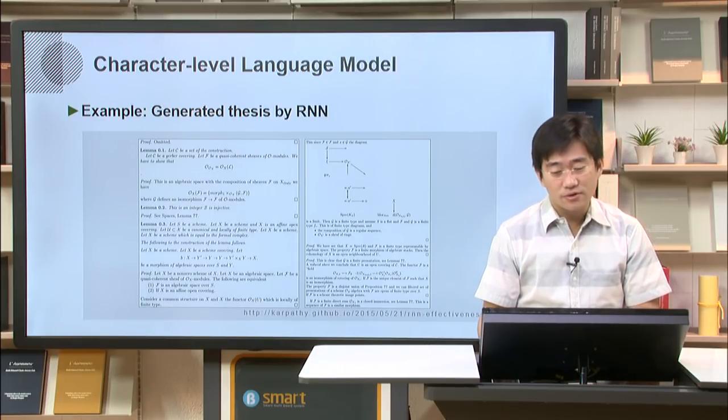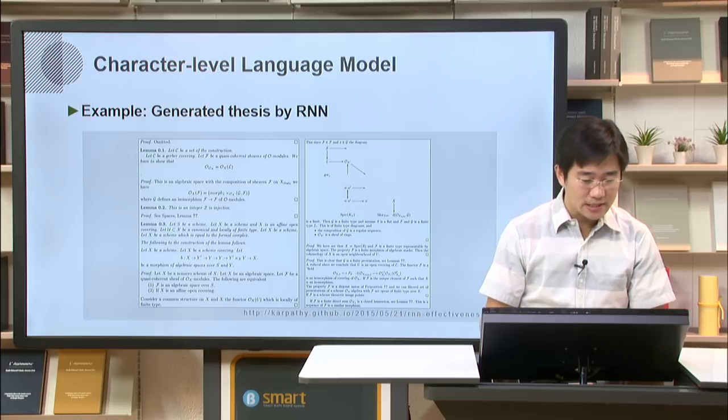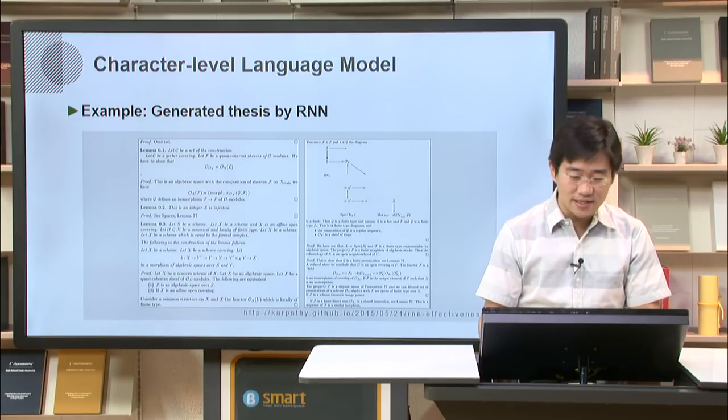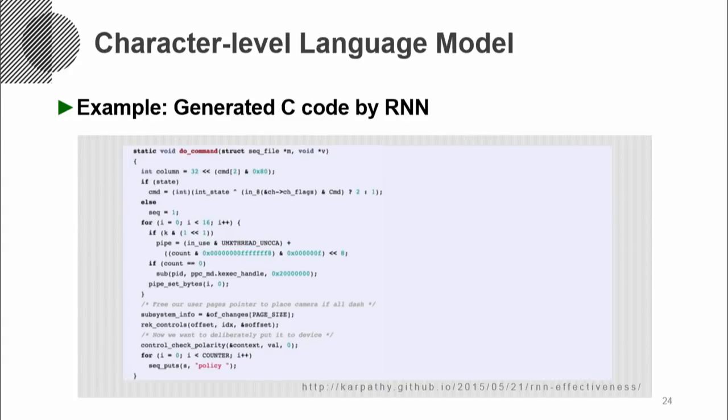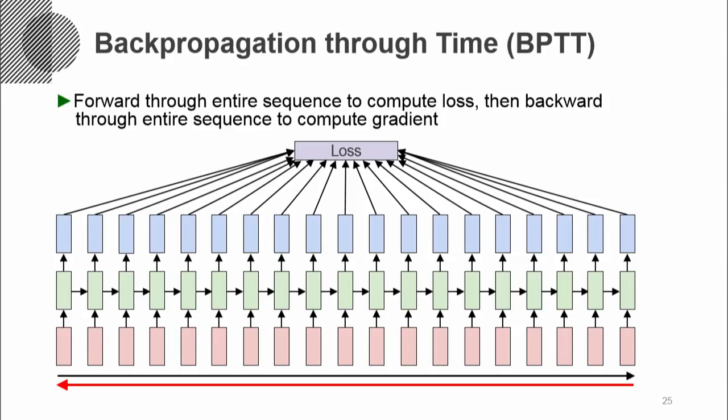Our character level language model based on RNNs can even generate a thesis, which generates this kind of academic looking article. It can also generate programming code, where this example is C code generated by this RNN model.